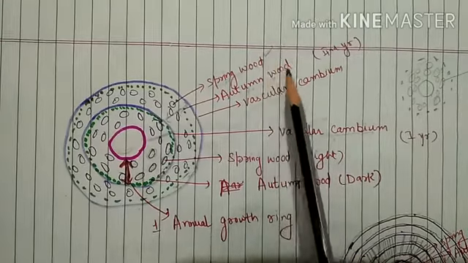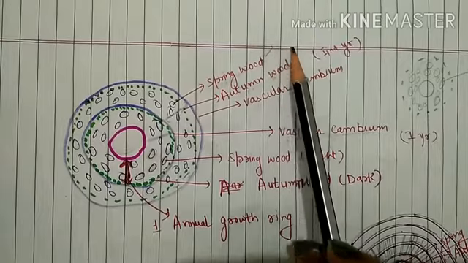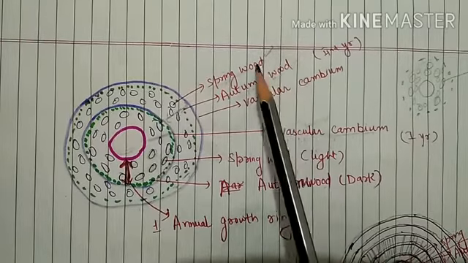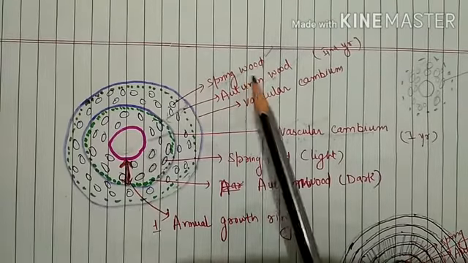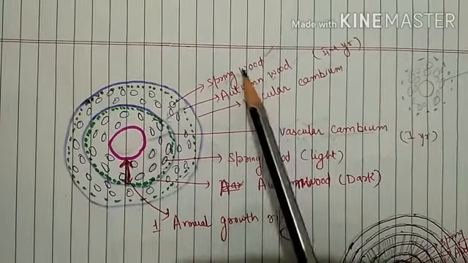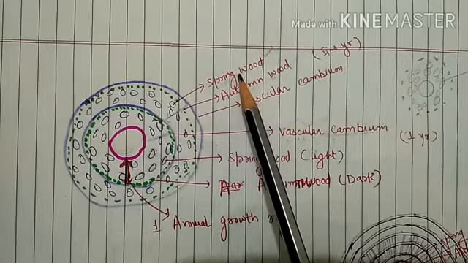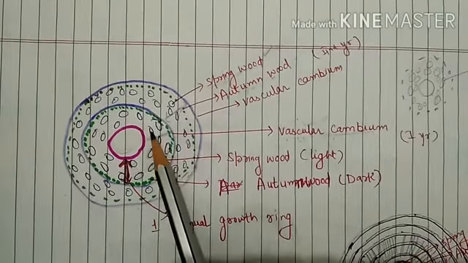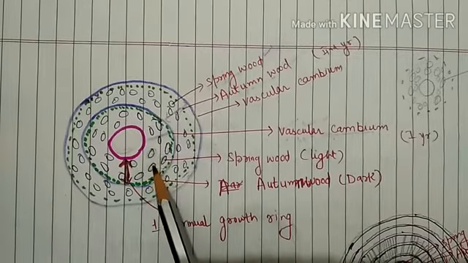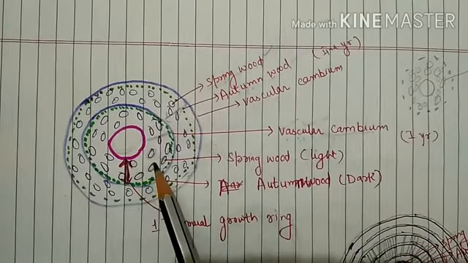Now the question arises, what are the major differences between spring wood and autumn wood on the basis of their anatomy? If we observe the vessels in spring wood, they are large and have wide cavities.